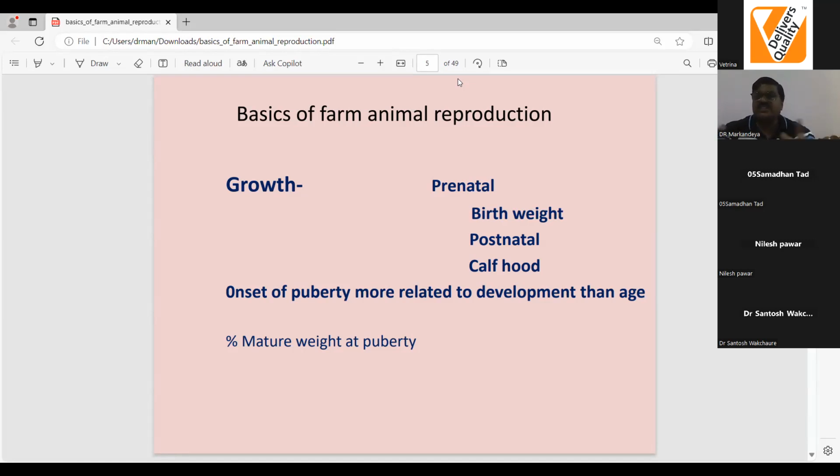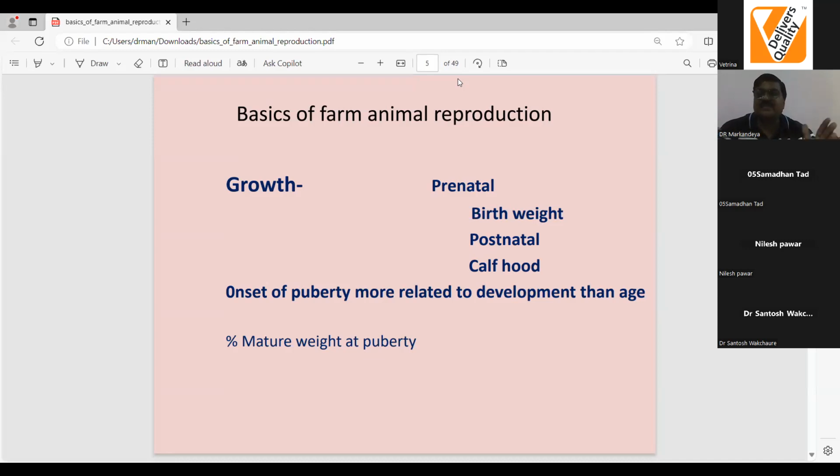These should unite and stimulate the hypothalamus for initiation of puberty. Then only will puberty start. Otherwise, many heifers will have metabolic fuel levels but may not start puberty only because external factors are not playing their role. Biostimulus is one of them.